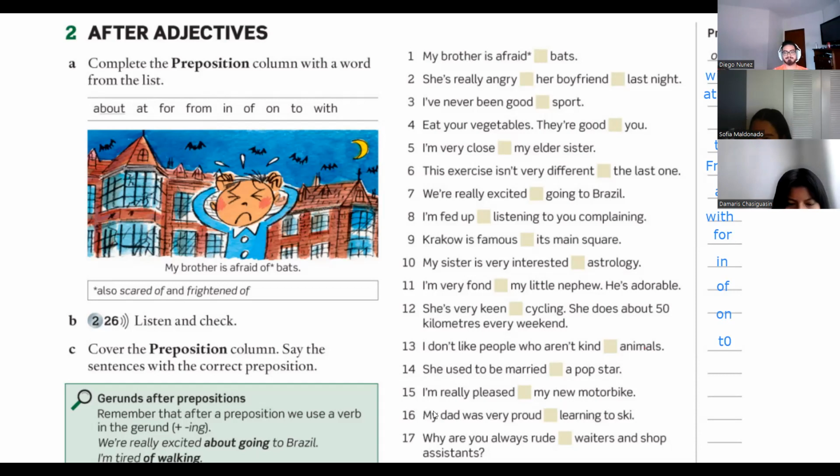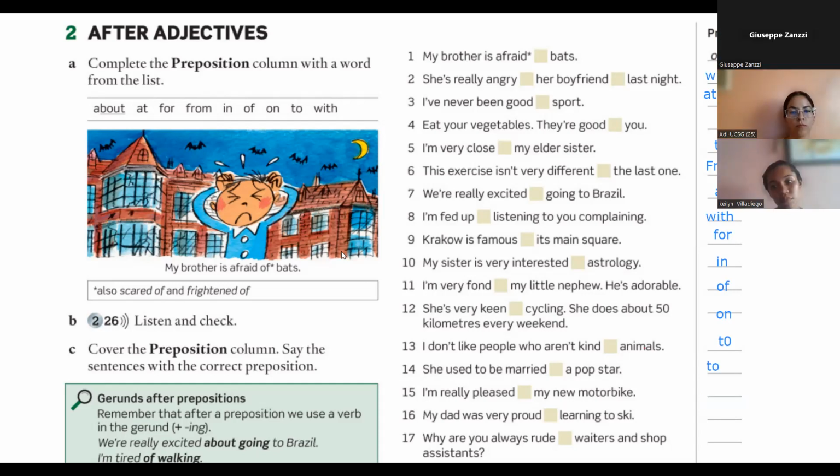Pleased with. Diego, 16. My dad was very proud of learning to ski. Proud of. 17. Kaylin. Why are you always rude to waiters and shop assistants? Rude to. Very good.